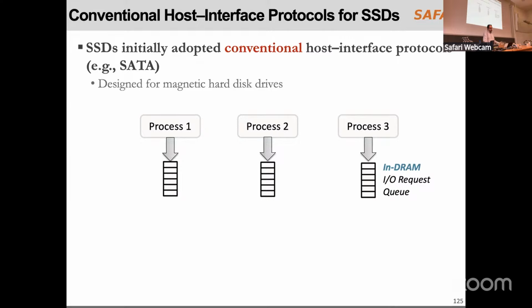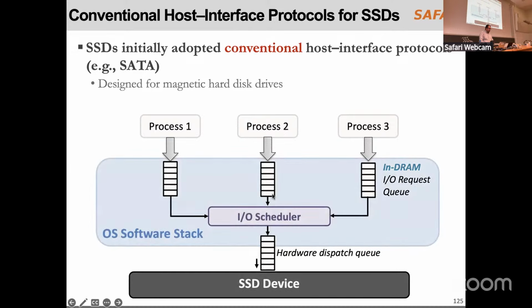Some SSDs still use SATA connections. In SATA, the different processes or applications running in the system each have an IO request queue, which is kept in our main memory. Then there is OS-level IO scheduling, which tries to schedule across these queues and then dispatch.